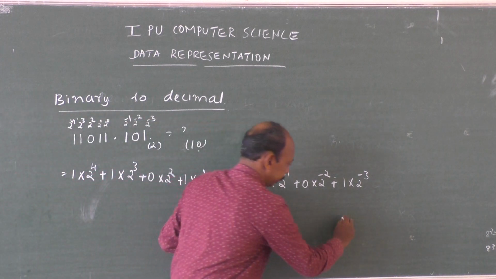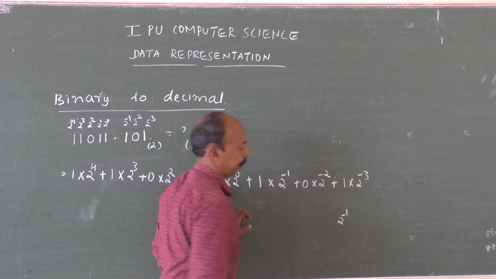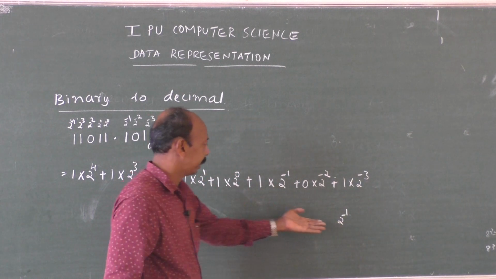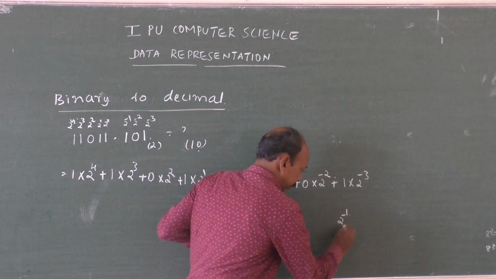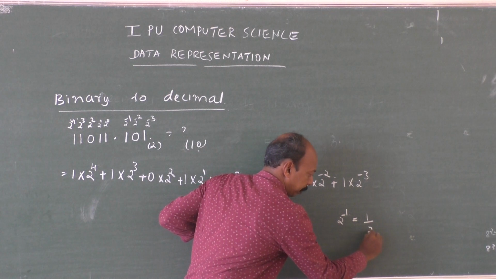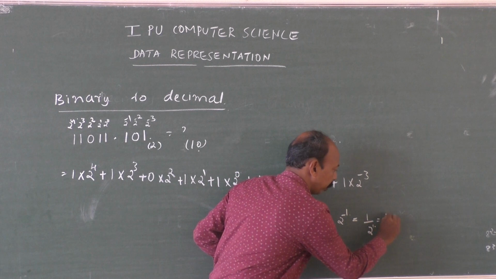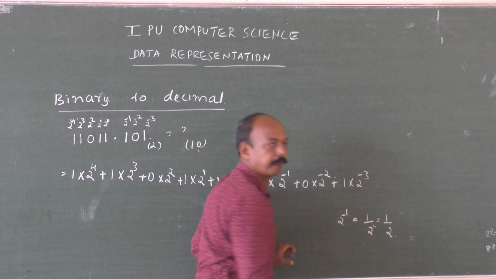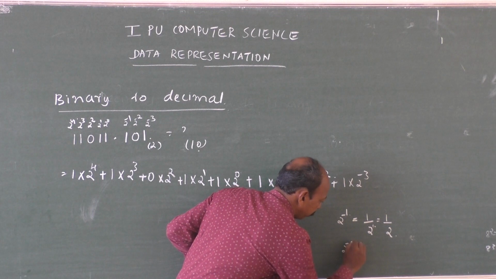For our information, what is the meaning of 2 to the power minus 1? Let us just go through this once. 2 to the power minus 1 means 1 by 2 to the power 1, that's equal to 1 by 2. Or what is the meaning of 2 to the power minus 2?